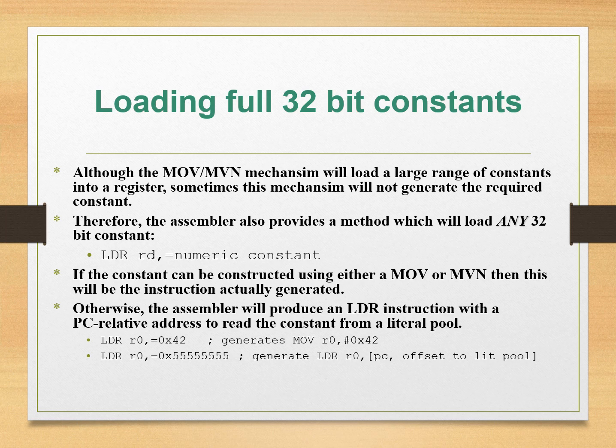It will read from somewhere else. For example, LDR with 42 generates MOV R0.